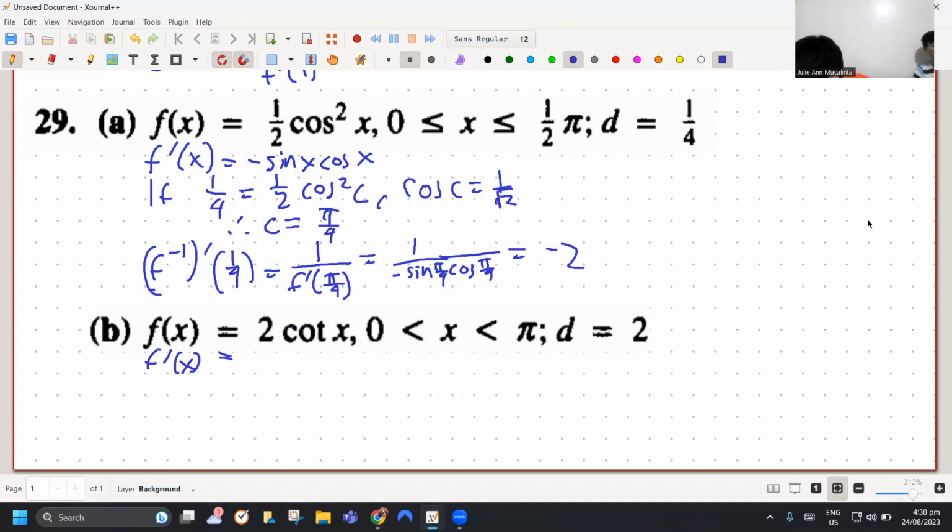Kasi kung ako nanonood ng video mo, parang ang daming ganun na errors. Sabi ko, sulat mo lang kaya yun, 1 over negative 1/2. Di ba, sir? Parang yung extra step won't make it wrong. Kasi napaka-elementary algebra na lang, arithmetic na lang pala yun, pagka 1 over negative 1/2.